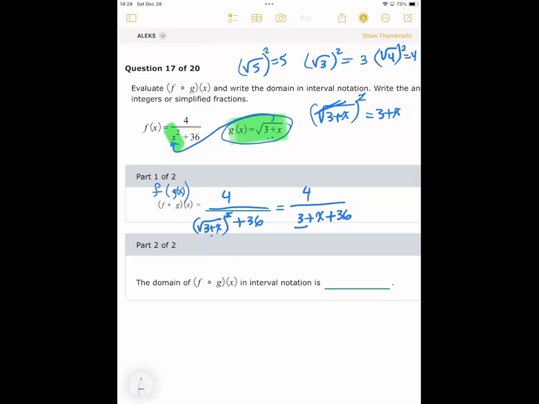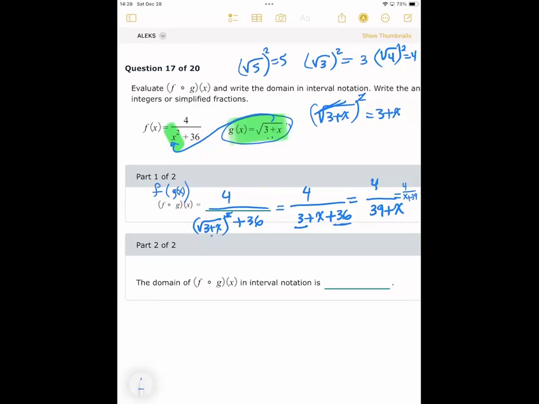Again, you should simplify this because you can combine like terms. 3 and 36 gives you 39 plus X. Or you could write it as 4 over X plus 39. Either way. Okay, so that's about 39. You could write it like that or like that.